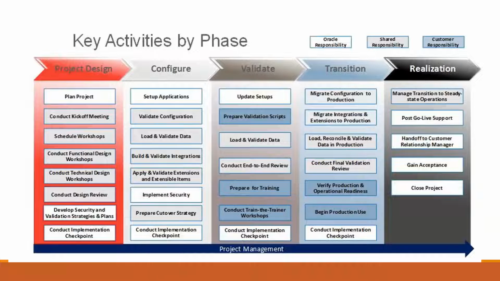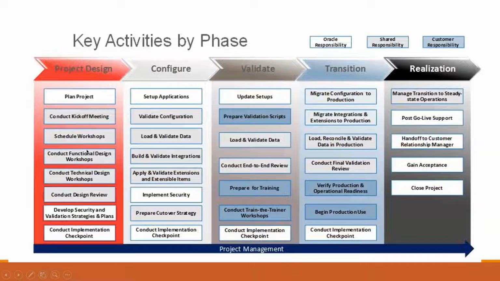They might be using manual processes, or an Excel sheet, or a product that is 20 years old. So we need to explain what the Fusion product is and what its different features are, and that is nothing but scheduling and conducting the functional design workshops.